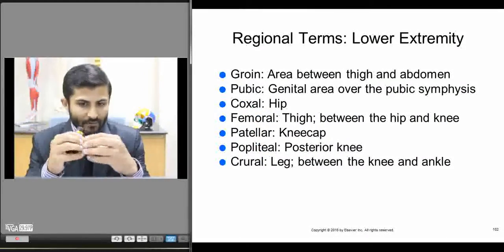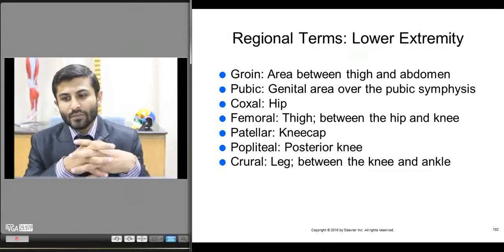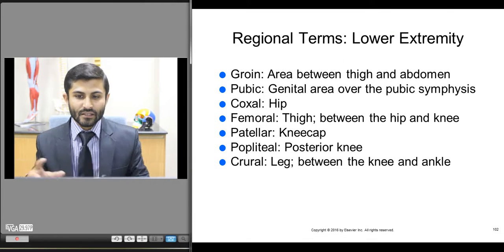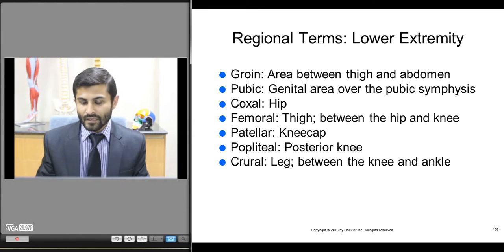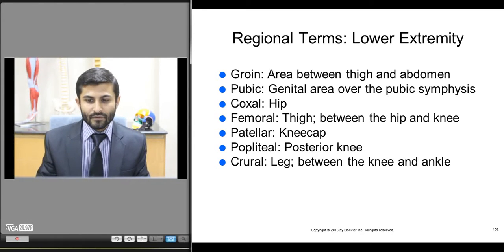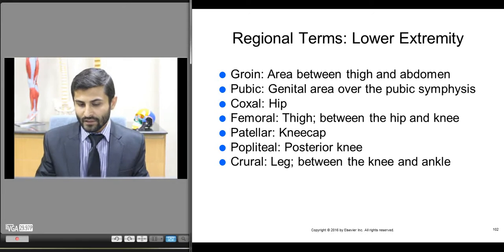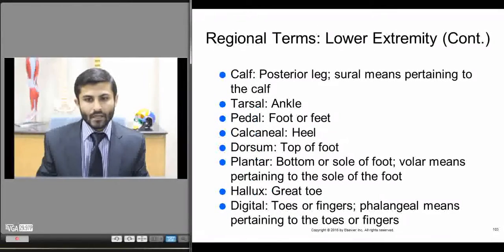In the lower extremity, we refer to the groin, the area between thigh and abdomen, the pubic for the genital area over the pubic symphysis, the coxal for hip, femoral for thigh between the hip and knee, patellar for the kneecap, popliteal for the posterior knee fossa, crural for leg between the knee and the ankle, and sural for the calf, the posterior leg.